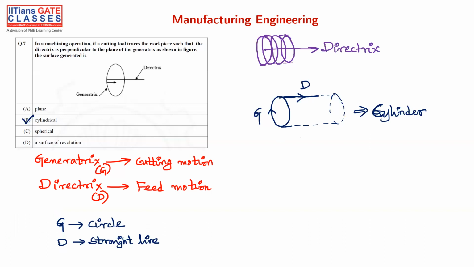There are various generatrix and directrix combinations, so let's look at some simple cases. If G is the generatrix and D is the directrix, what is the surface obtained?